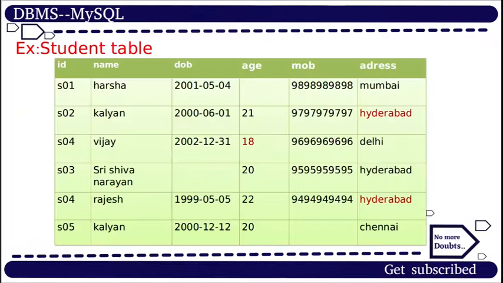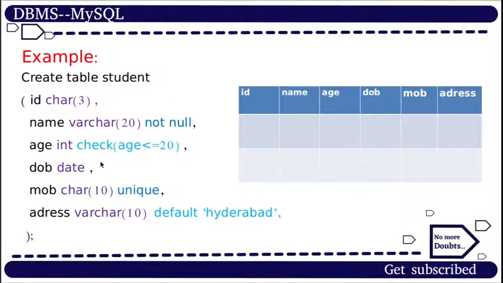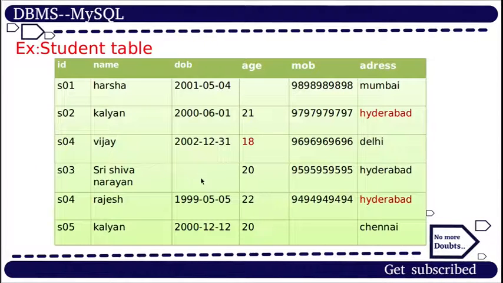If we are having all the values without having name, what was the use? So that's why we make the name not null, so every row will have the name. That's what not null means. Here if you see age, I didn't use the not null constraint for age or date of birth, so it can have null values. For mobile number or these things, you can have null values in the table.